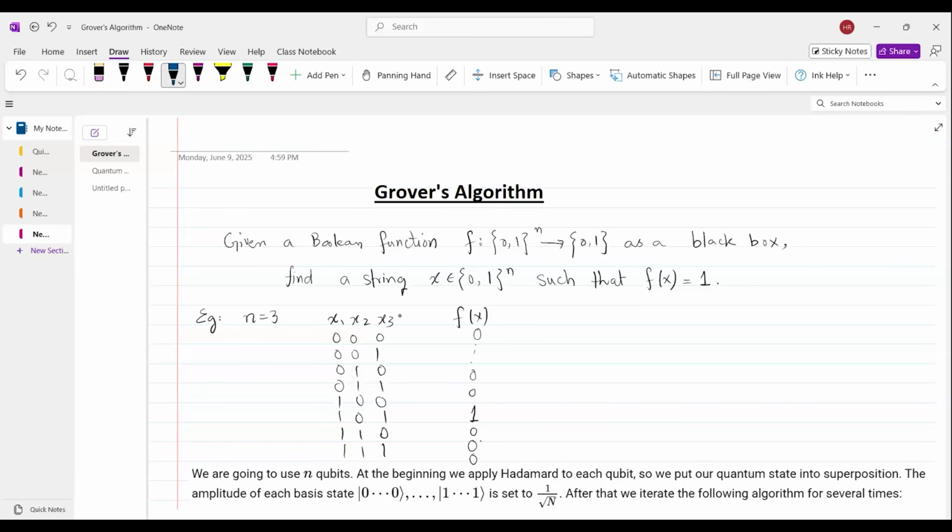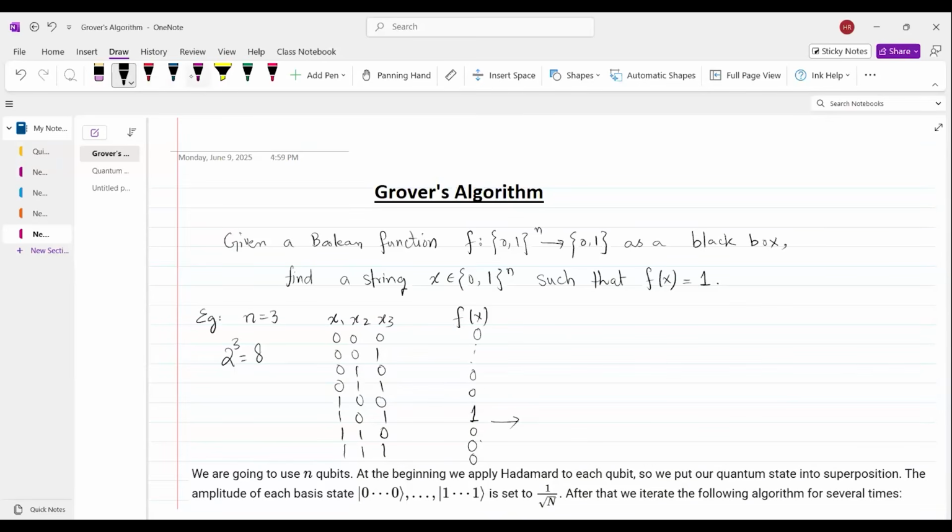Once we fix n to be 3, we get exactly 2 to the power 3, total 8 strings, which are 000, 001, 010, 011, and so on. Out of all of these, some output is equal to 1, and now we need to find which element is equal to 1.